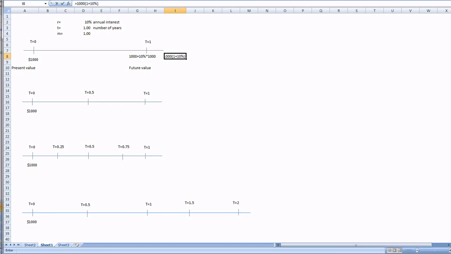So what's the answer? As expected, it is $1,100. So this is the future value of $1,000 based on a 10% interest rate with no compounding, or rather just one compounding in a year.